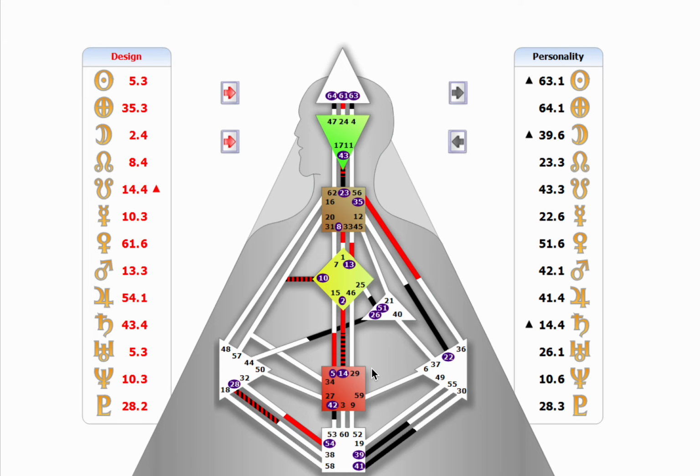People who have a defined one, like I do, who are a generator type, have sort of consistent, reliable access to that kind of energy, and it's a little bit like an ongoing motor. Now, I could go on a lot about generators and why you might not feel that way necessarily, but since we're talking about open centers, let's talk about an open sacral.